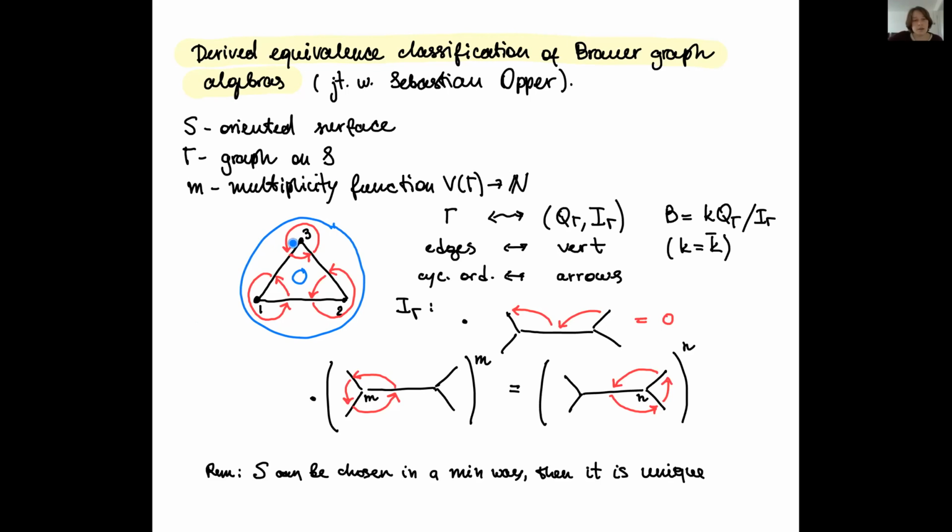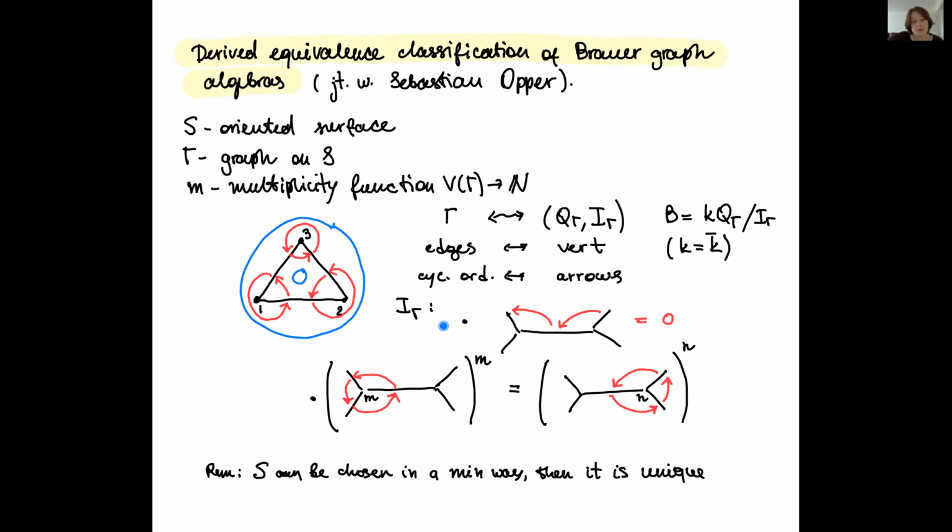The edges of the graph gamma correspond to the vertices of the quiver, and the cyclic ordering of edges around vertices gives arrows. If we have two arrows which follow each other in the cyclic ordering, then we draw an arrow. And the ideal of relations is also constructed easily from that.